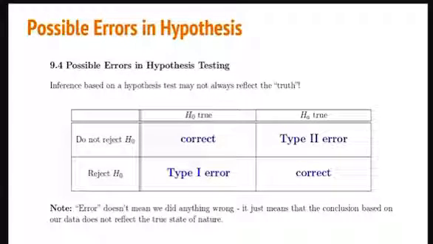In the court of law, under the H0, the accused person is innocent. Under the HA, the accused person is guilty. And according to the law of the state, the accused person is innocent until proven guilty by law.